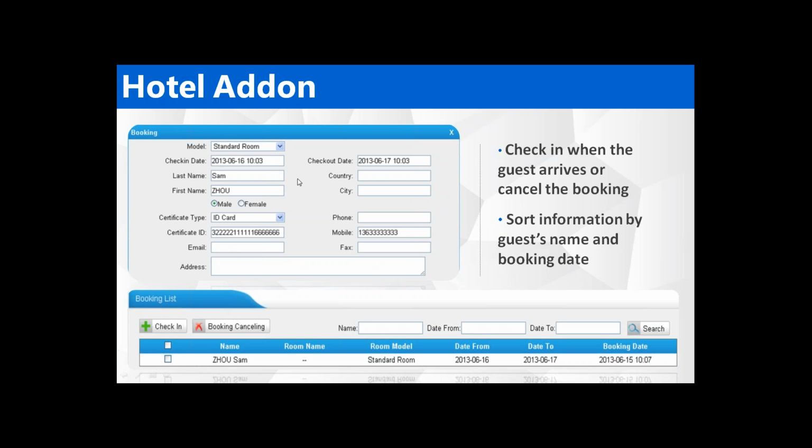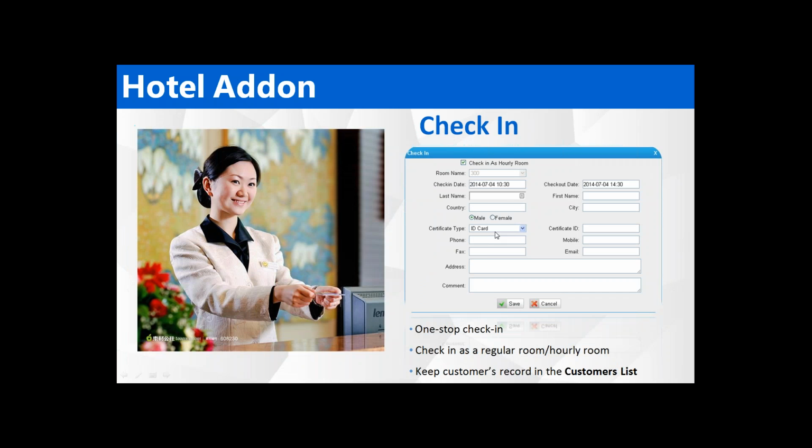So next time if they call up or contact you, their information will be shown automatically in the system, and you can keep their personal information for your commercial promotion if you like to. We also offer a little search engine, so you can put in the name or information of each reservation to find it here.